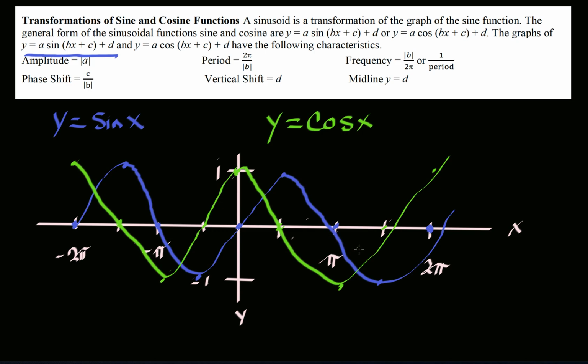And so they both have an amplitude of 1, so that means that their range in their parent form is negative 1 to 1. Their domains are infinite in both directions. They're both the same that way. And so we'll start moving on after this, and we're going to jump right into what amplitude is.